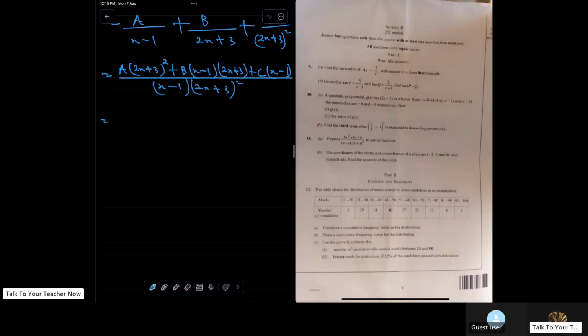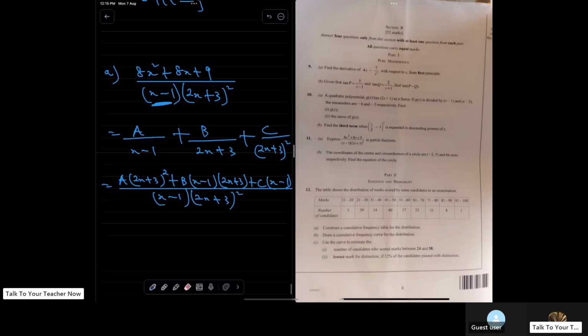I think I'll go by this approach so that you get confused. I want to use the comparing coefficients method. Exactly. The one where you equate the two numerators. What this simply means is that the denominator here is the same as the denominator here, so you can equate the numerators.